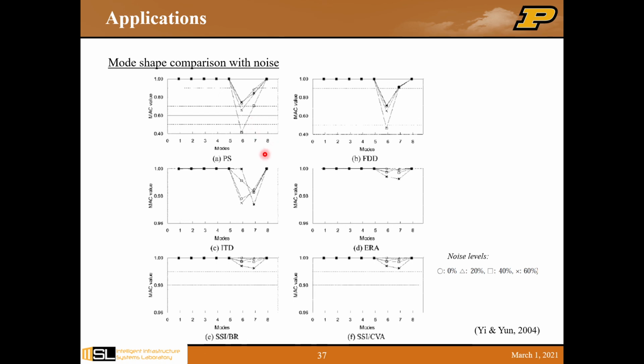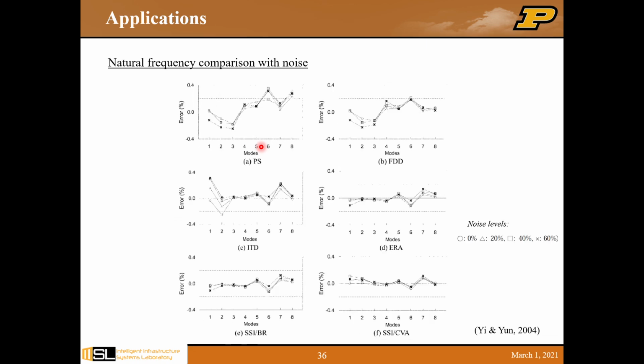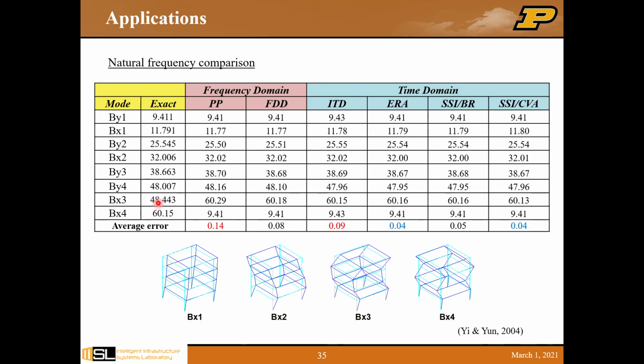This is because modes number 6 and number 7 are closely spaced to each other. If we look at the natural frequency of modes 6 and 7, they are actually very close, both around 14 hertz.